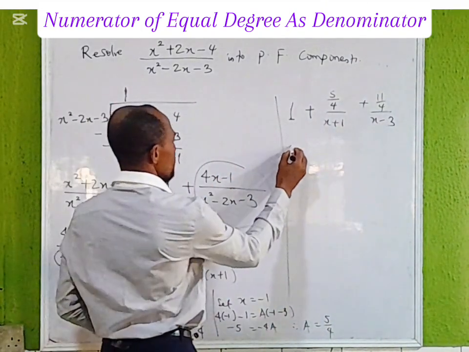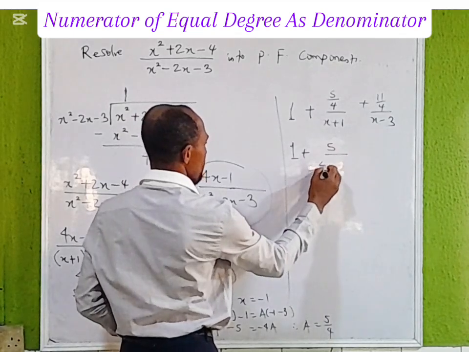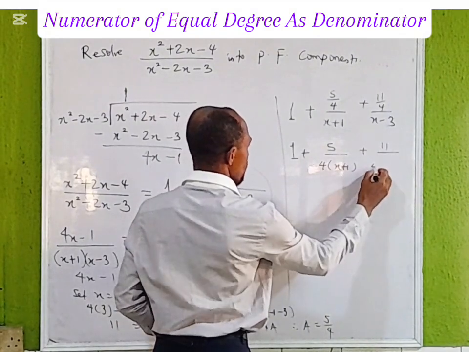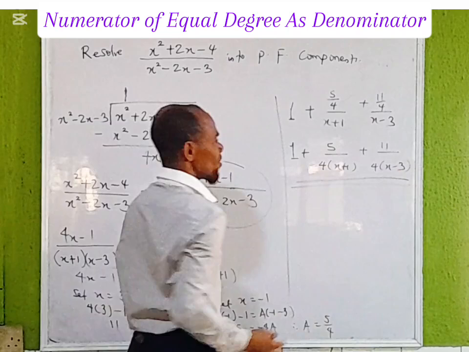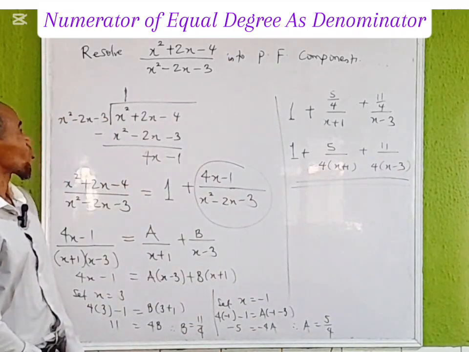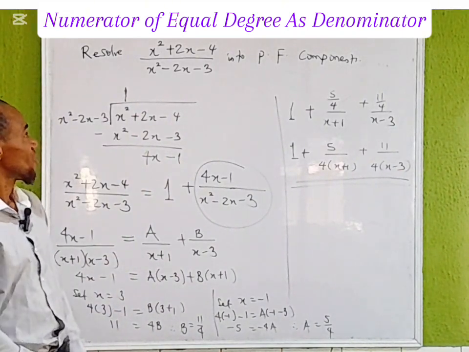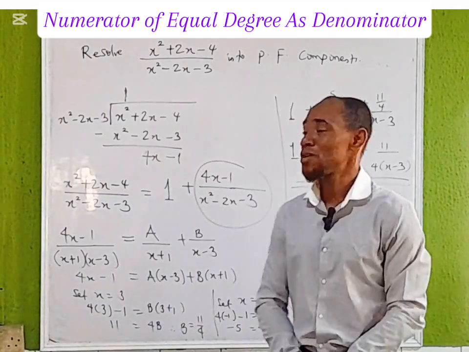Hence, in conclusion, you can see we have 1 plus 5 over 4 times x plus 1, plus 11 over 4 times x minus 3. And that is the solution to the problem on how to resolve a partial fraction in which the numerator is of higher degree than the denominator, or equal degree to the denominator.